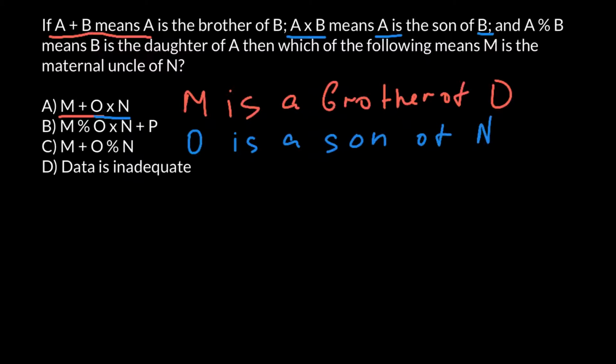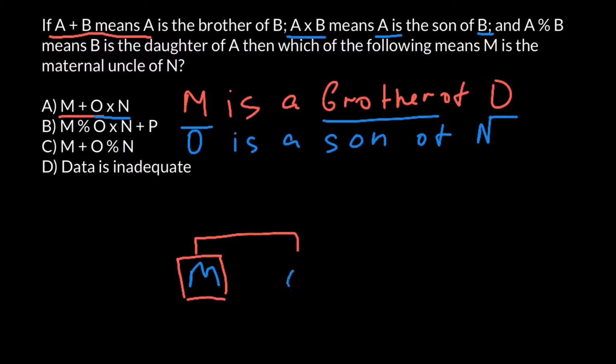So what we have here: M is a brother of O, so he is a male, and we know his gender. Let's connect them. We also know that O is a son of N, so O also has to be male.